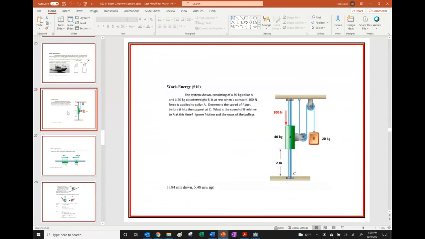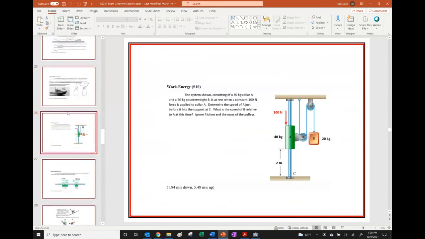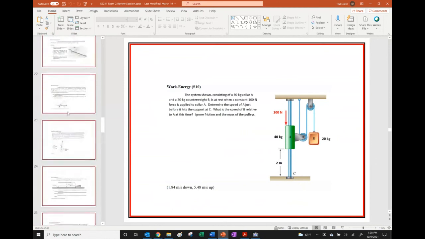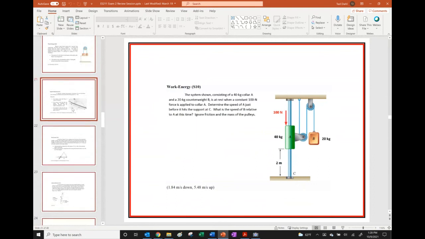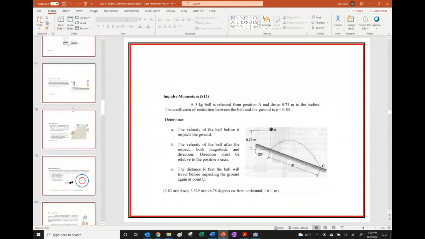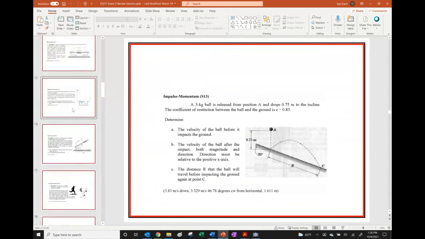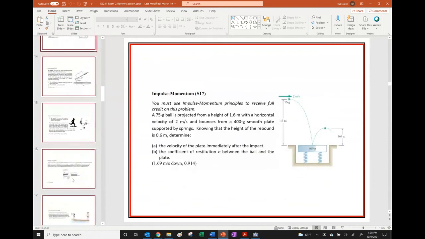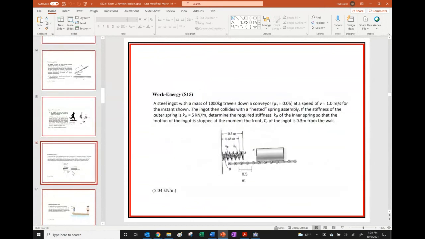Can we do S15? Oh, you don't know. No, it's not this one. It's that one right there. No, go down, go down. It's a work energy problem. Is this one? Yep, this one.